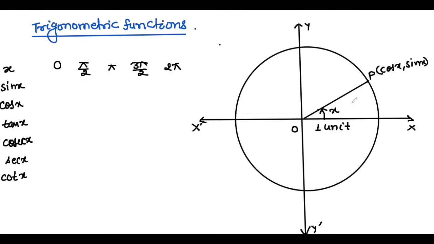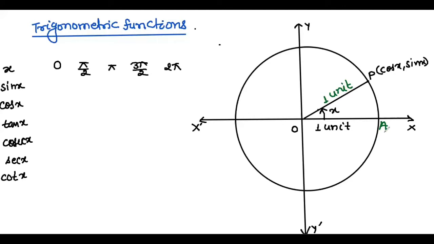So I have drawn here a unit circle, meaning the radius OA is 1 unit. Similarly, OP is also a radius, that is also 1 unit. Now the angle is in the anti-clockwise direction, that is x. We know that this is the positive side of x-axis OX, and this is 1 unit.